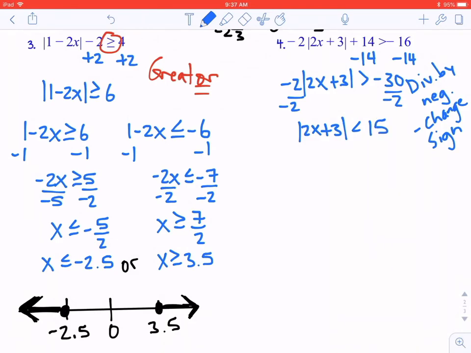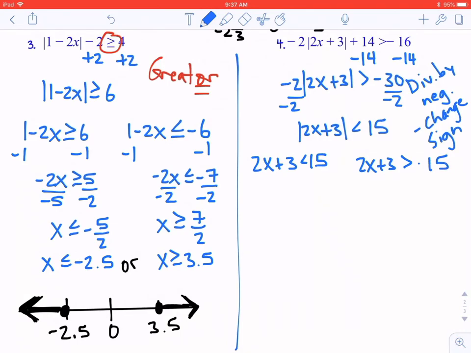Now once we get the absolute value symbol by itself, we can set up our two inequalities, just like we've done on the last 3 examples. So let's set up the first one to look like what we have been given right there. And then the next one will be 2x plus 3, change your sign, so it's greater than, and then -15. And solve from there.